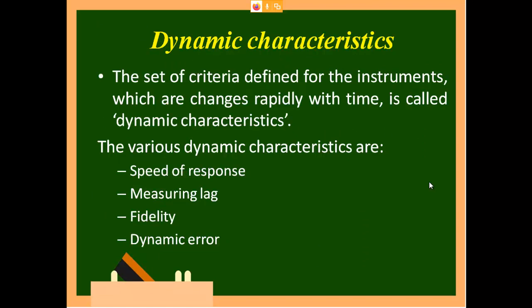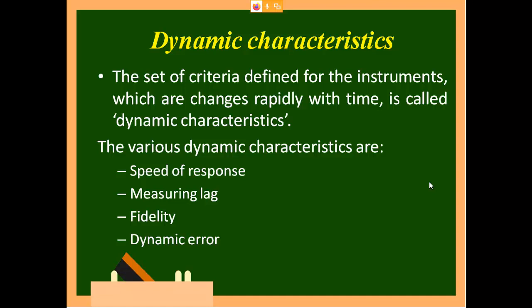Now let us move on to dynamic characteristics. As I have told, the instrument is going to read not a single value; it is going to vary with respect to time. When the measurement value varies with respect to time, you are measuring its dynamic characteristics.